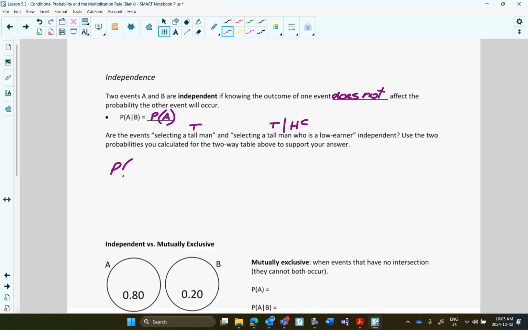So the probability of selecting a tall man, we found it on the previous page. It's easier to change it to decimal with these ones. So a tall man was 123 out of 192. I'm just going to go to decimal here, and it was approximately 0.641, because it's easier to compare with a decimal point.